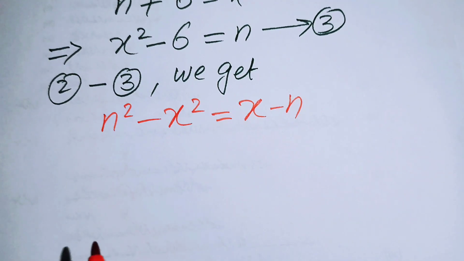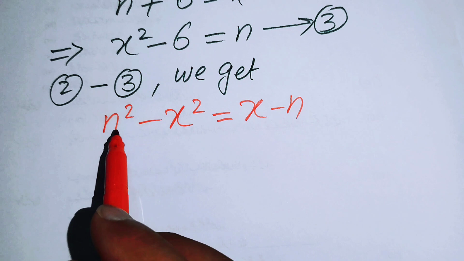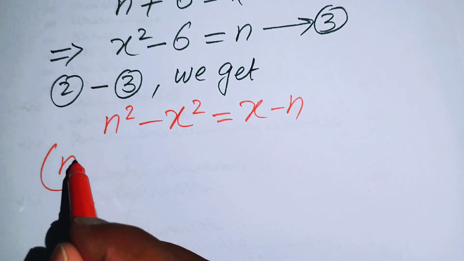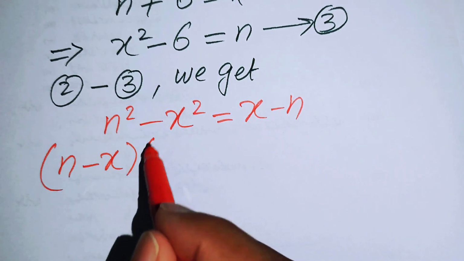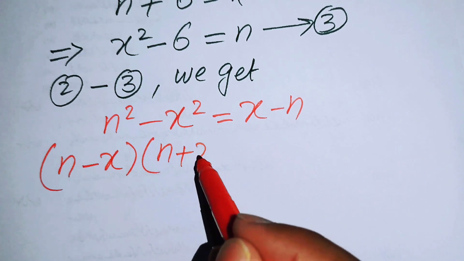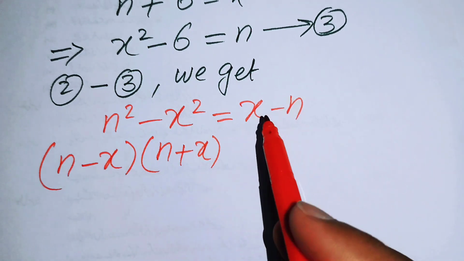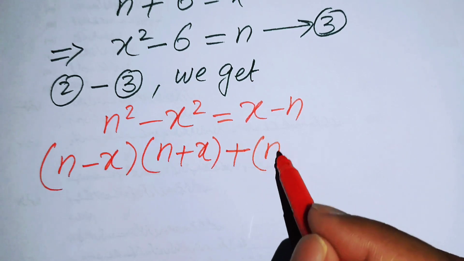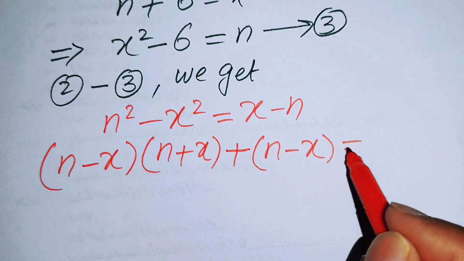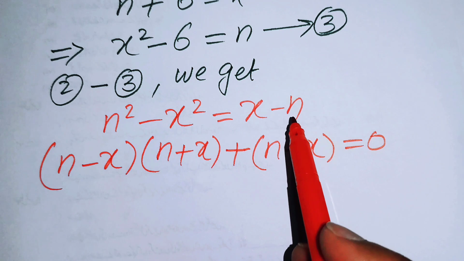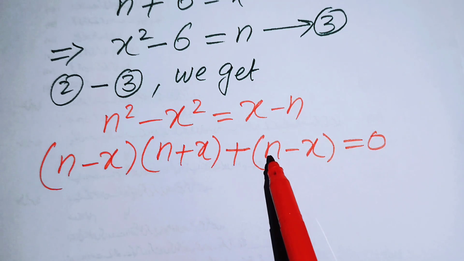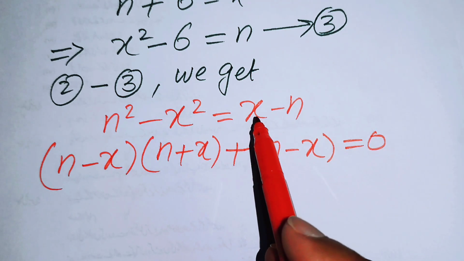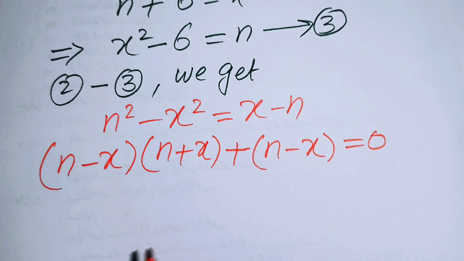Now we can apply the nice formula, and you know that n² - x² = (n - x)(n + x). We move this factor to the left hand side. When you move minus n to the left hand side you get plus n, and when you move x to the left hand side you get minus x.